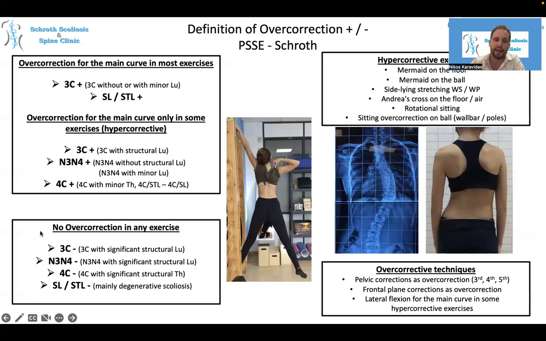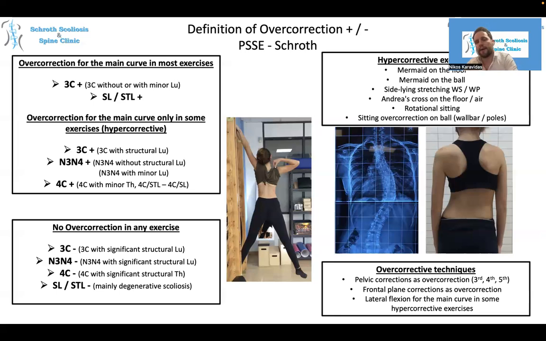No overcorrection in any exercise is allowed for the minus types. So 3C minus, when you have a 3C with a significant structural lumbar curve, you are not allowed to do overcorrection. Non-3, non-4, again, with significant lumbar scoliosis. So when you have very balanced curves, thoracic and lumbar, this is not a good idea to get into overcorrection for any curve. 4C minus, the most typical when you have 4C with a significant structural thoracic scoliosis.